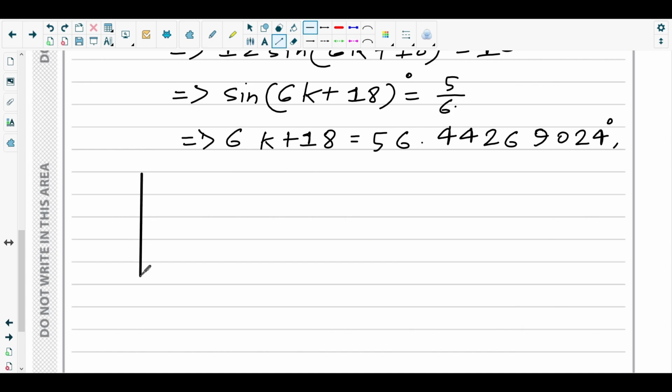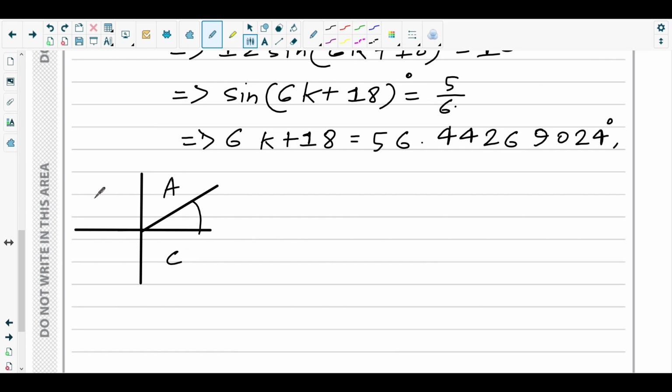This is the acute angle, the principal angle, 56.44 degrees. Sine theta is positive in the first and second quadrants, so in the second quadrant there is another possible value for k.